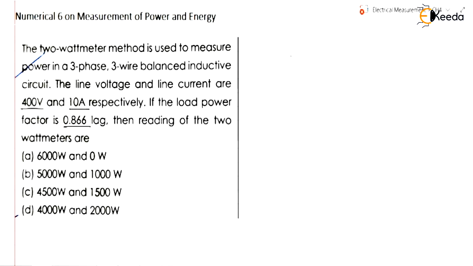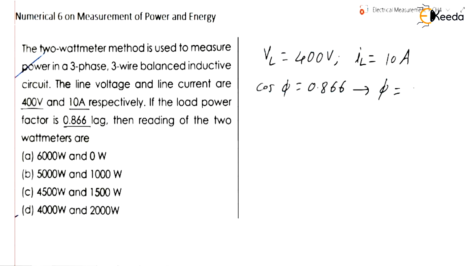First, let us note the given data. VL is 400 volt, IL is equal to 10 ampere, and cos phi is 0.866. This indicates phi is equal to cos inverse of 0.866, which is 30 degree.